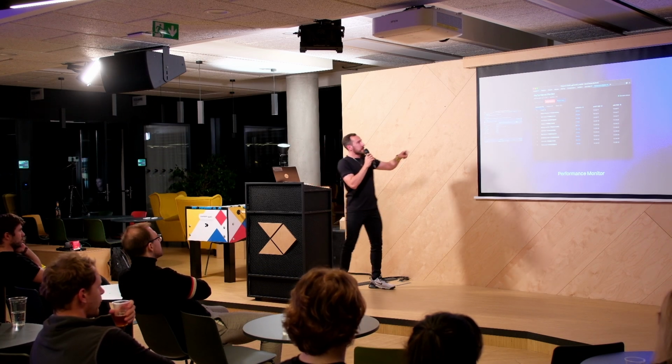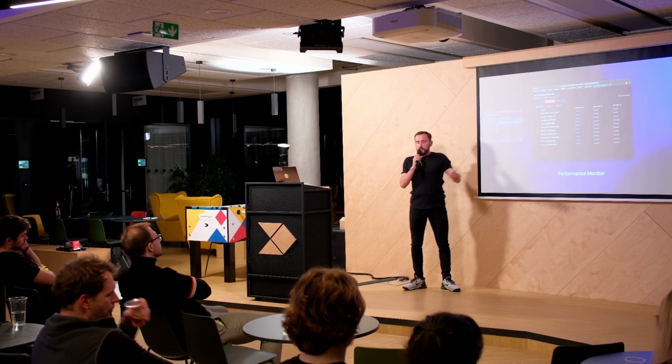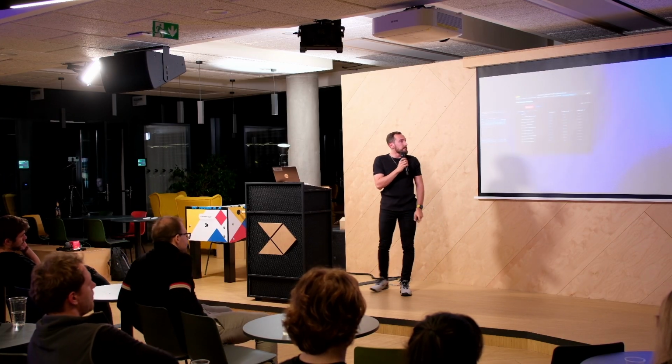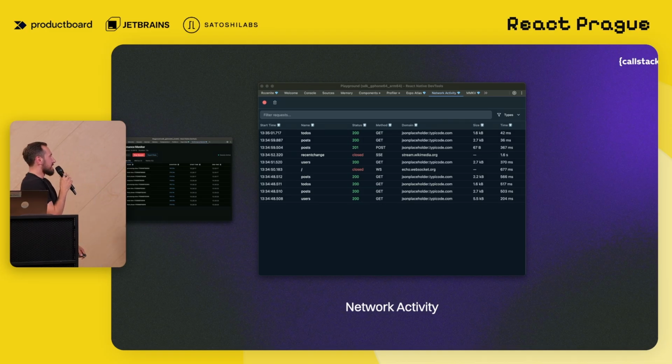You can observe it in real time, and you can export data if you need it for further analysis. And this next one is huge because we were missing it for a long time. With rosenite and network activity, you can see not only HTTP, but also WebSockets and server-sent events. Again, we will see it in action in a minute.